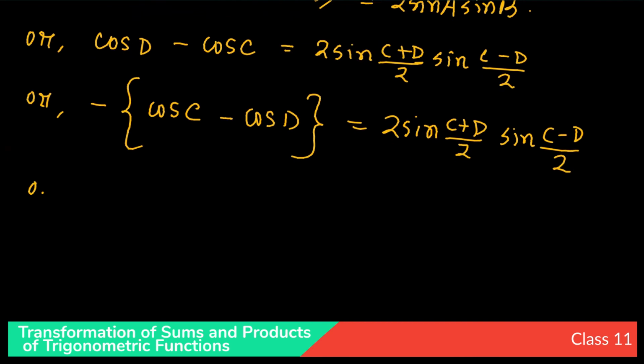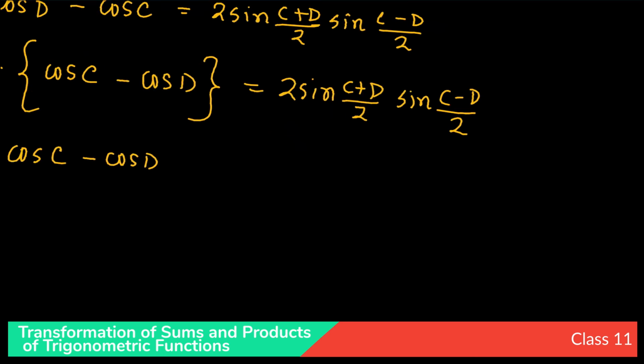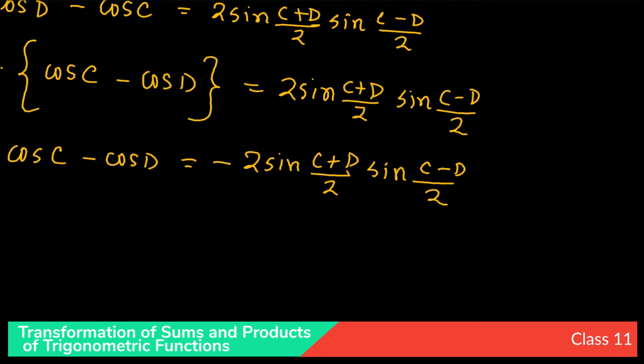Now in the next step I can write cos c minus cos d. If I write the minus on the right hand side, then it is minus 2 sine c plus d by 2 sine c minus d by 2.